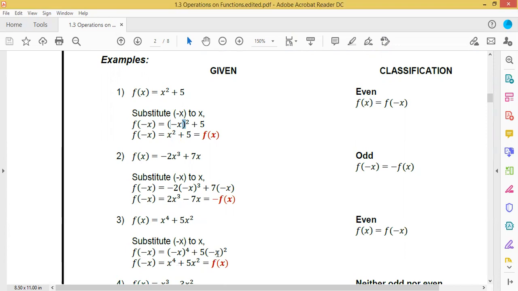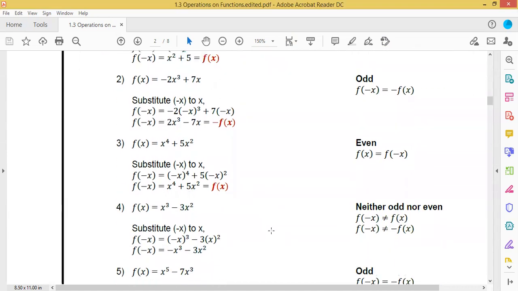Negative x squared, that's an even exponent. So the answer is positive x squared. So we have x to the fourth plus 5x squared. If you check, this answer is equal to the original function. Thus, this function is even.